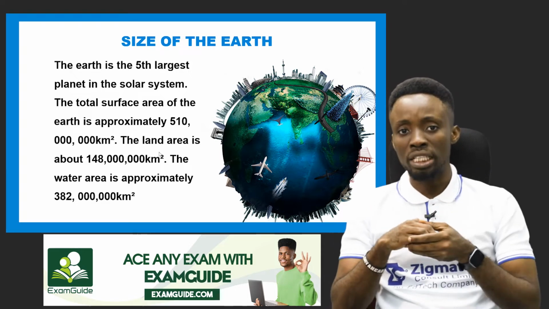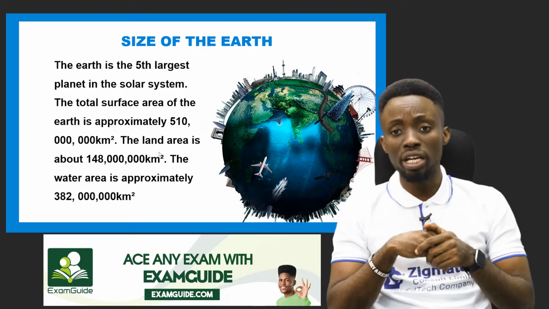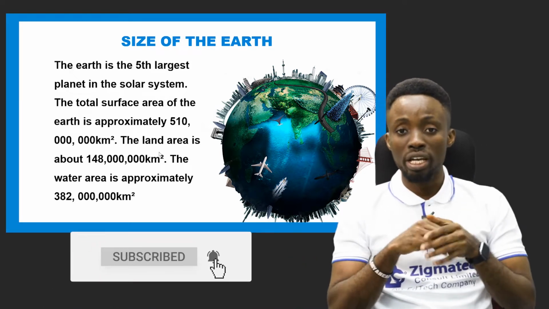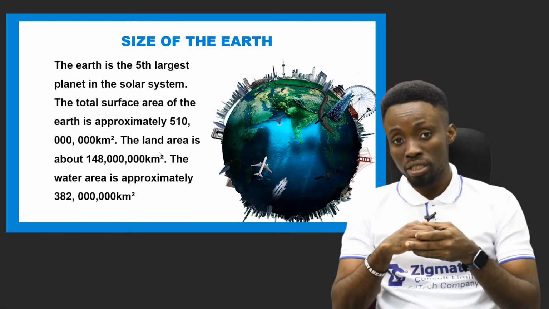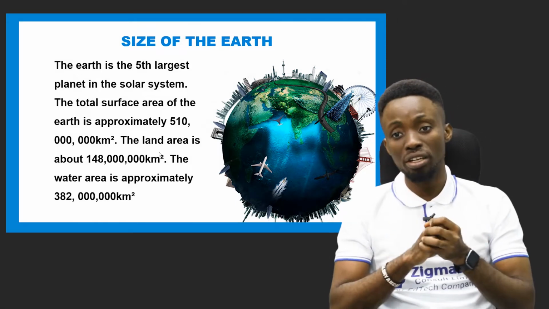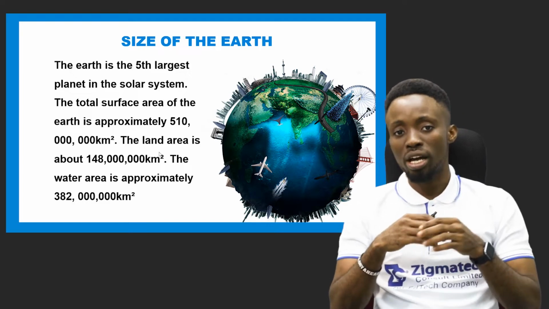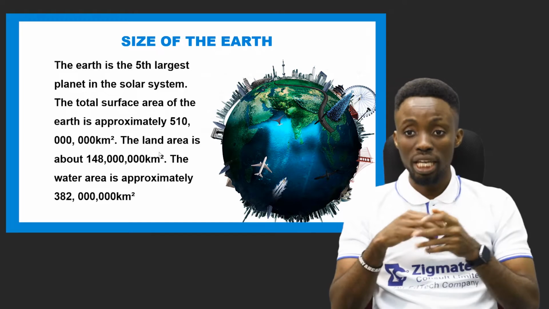Then in terms of land and water, 2/3 of the Earth is made up of water, while 1/3 of the Earth is actually made up of land. And that 1/3 of the Earth has a land area of 148 million kilometer square. That is 148 million kilometer square land area.